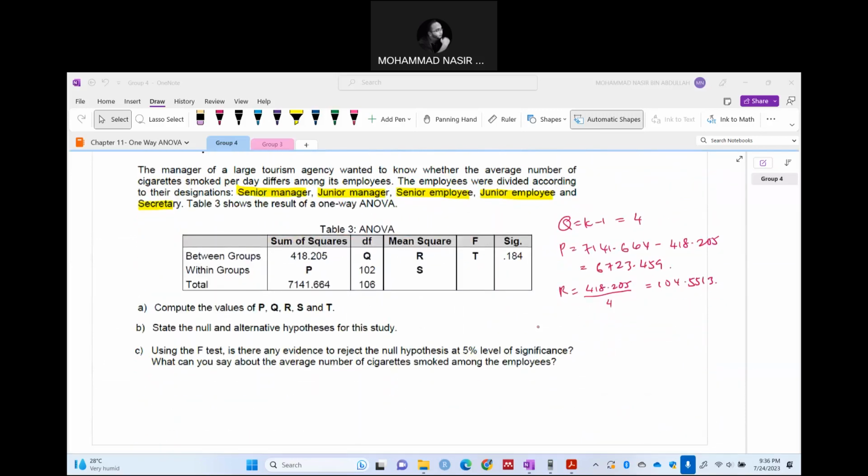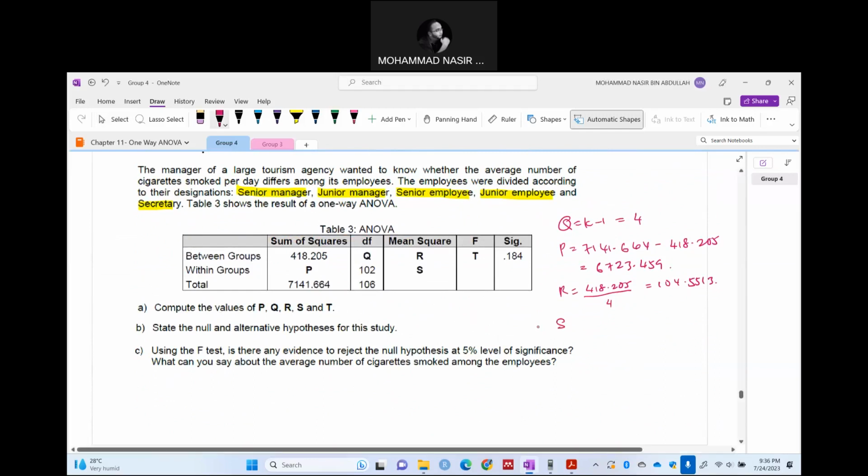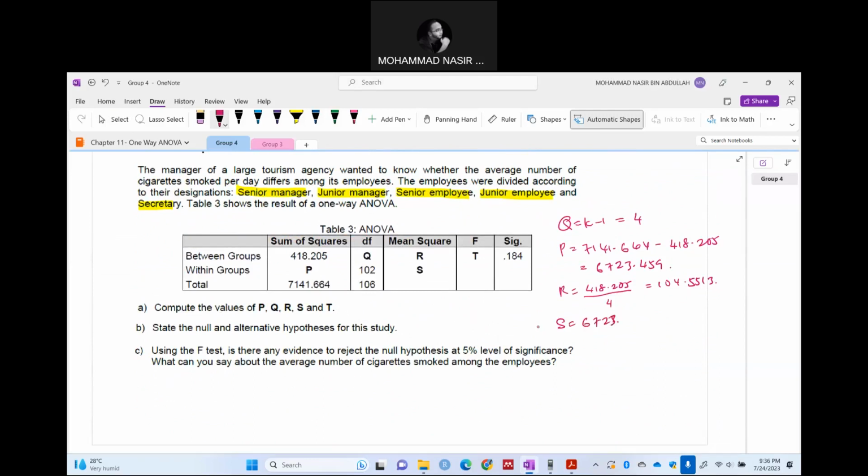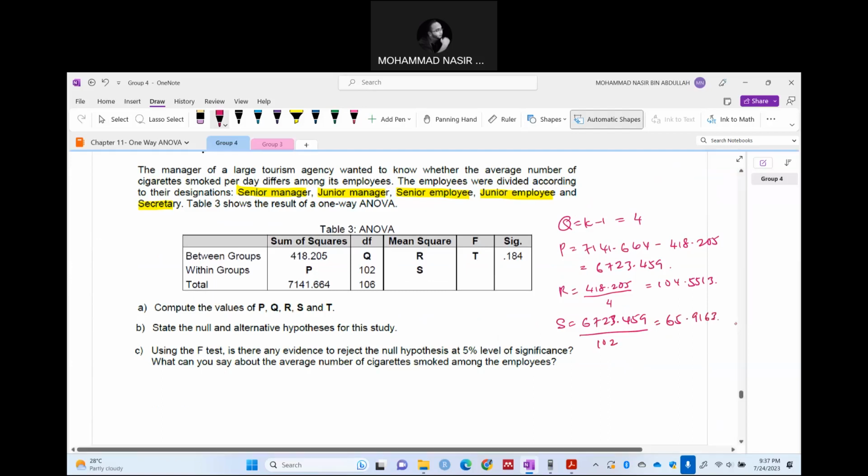So R should be 104 and S should be equal to 6723.459 divided by 102. So this is 65.9163 and so on.